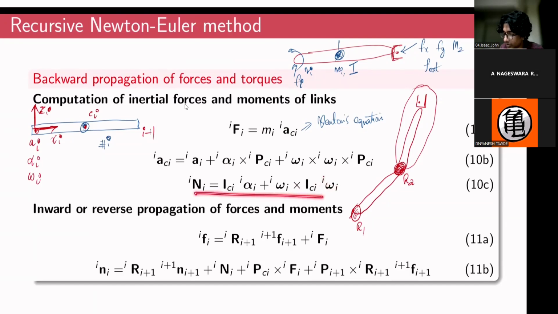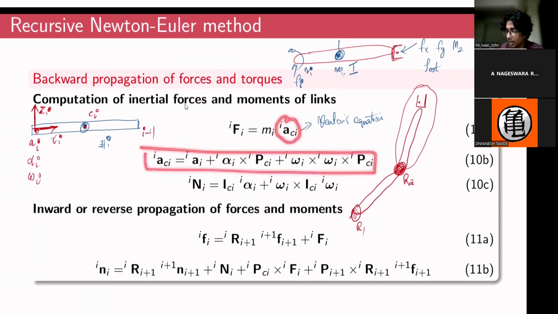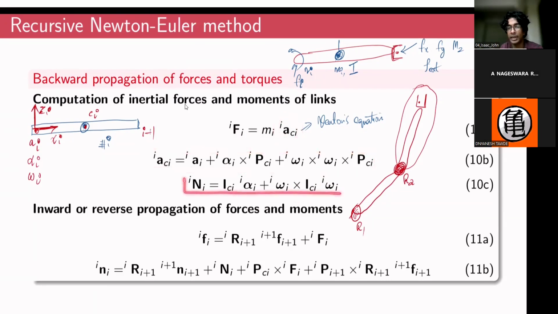So this is the Euler equation, and this is the Newton equation. In the Newton equation, you can obtain the acceleration of the center of mass by this equation. In the Euler equation, all these quantities will be available from the forward propagation of velocities and accelerations.